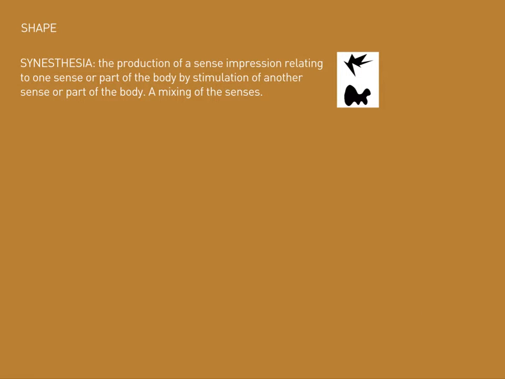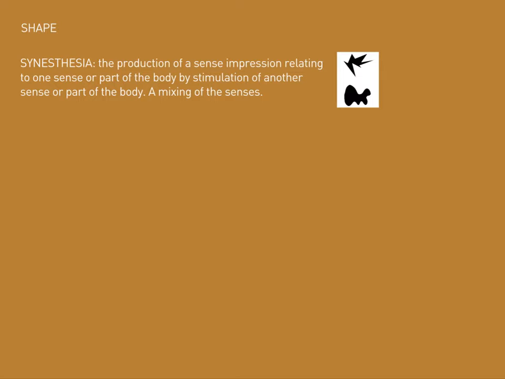Shape, we come to rely on shape as a kind of meaningful way we understand the world around us. You know, the little shape on top and the bottom shape, one is curvilinear, one is sharp. If I were to say one of these is named Gobo and one of these is named Kiki, we'd probably all agree that the top shape is Kiki, the bottom shape is Gobo.